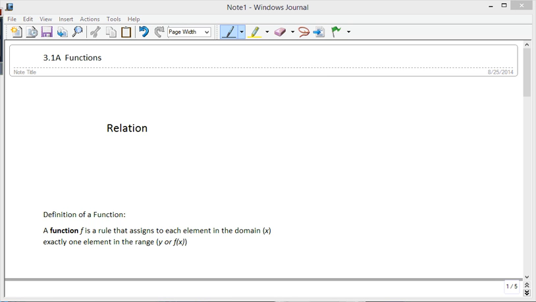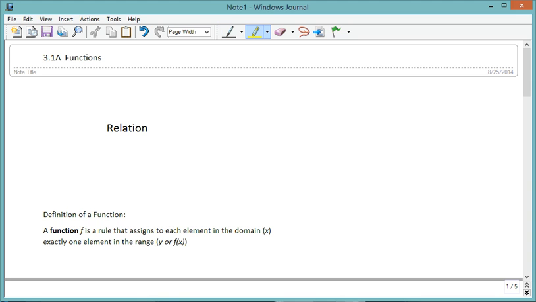So if you're taking things from one set and matching them up with things from another set, like students and classes, then a function would be, if everything in the first set, that's called the domain, so you take every item in the domain, is assigned exactly one item in the range.